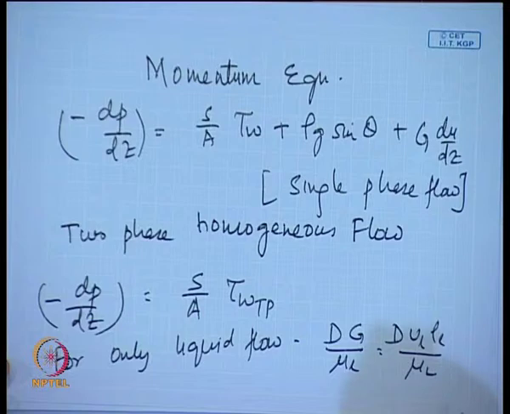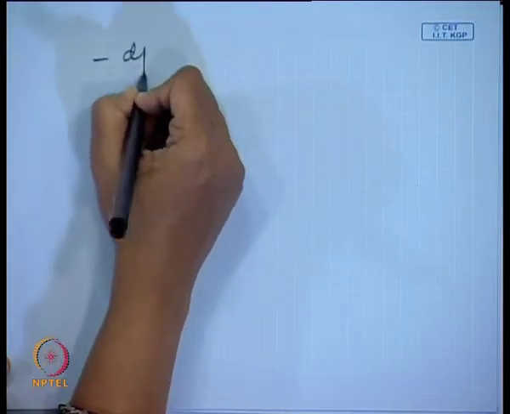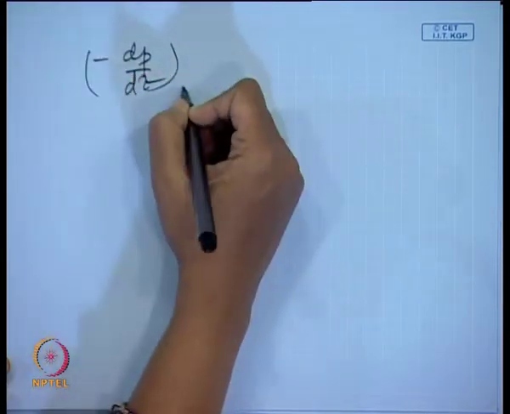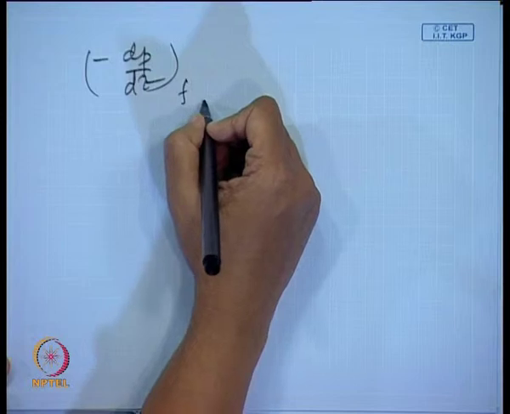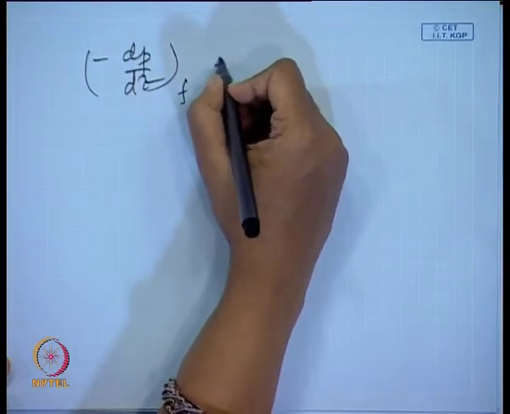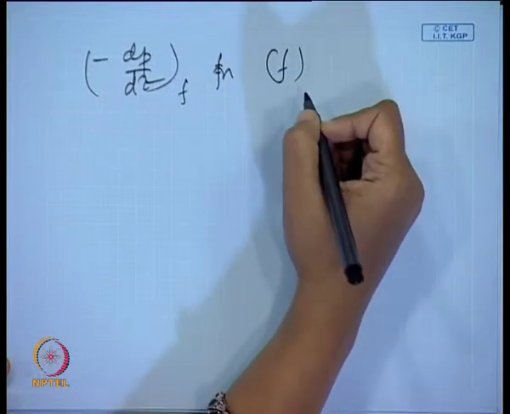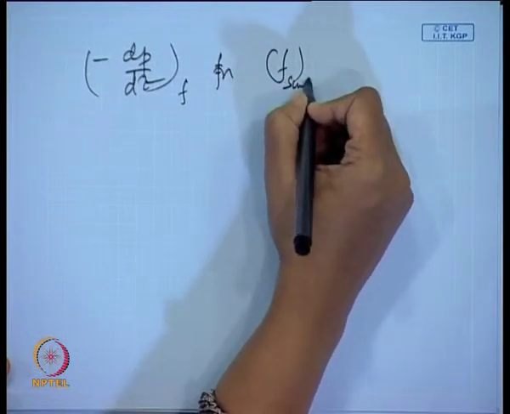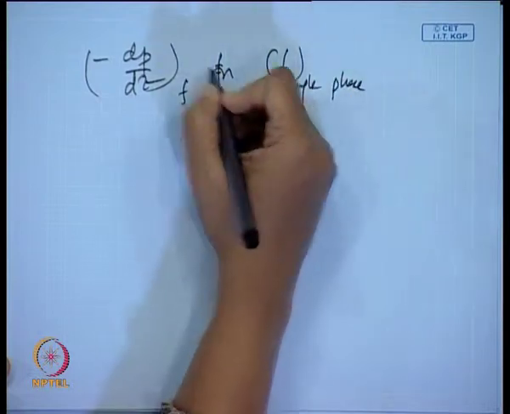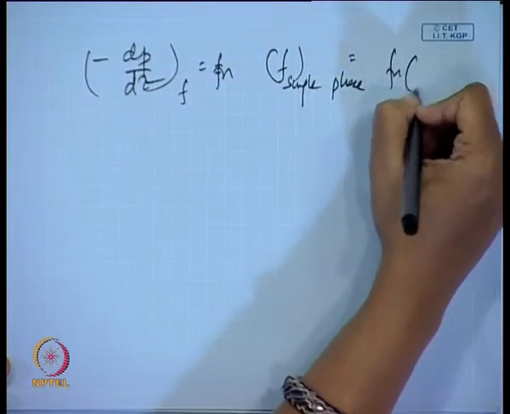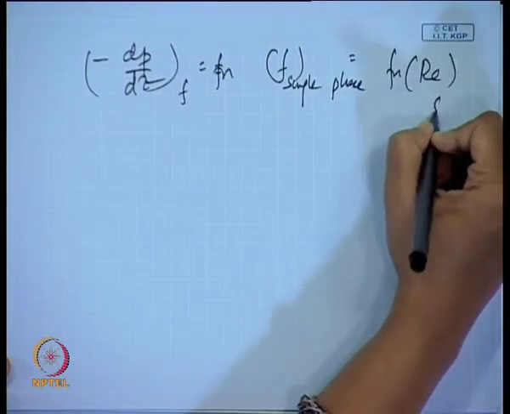For two phase flow, then naturally what happens, the frictional pressure gradient dP dz, say frictional for single phase flow, is nothing but a function of your friction factor single phase, which is a function of Reynolds number single phase.